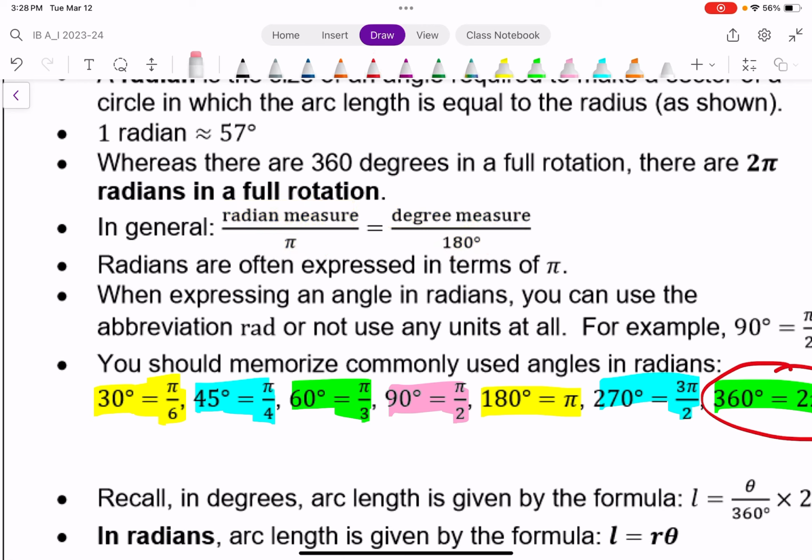In general, if I know an angle in degrees and I want to figure out what it is in radians, I can just look at this proportion. So it'd be pi times degrees divided by 180. Essentially cross multiply, or however you want to solve it. So 80 degrees in radians will be 80 degrees times pi divided by 180.